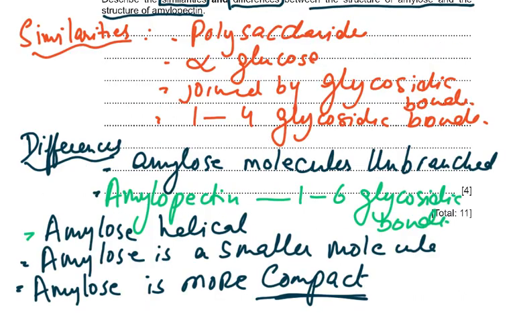Now you can see how I have grouped them. Similarities are that they are both polysaccharides, alpha glucose joined by glycosidic bonds, 1,4 glycosidic bonds present in both. Differences: amylose molecules are unbranched, amylopectin has 1,6 branches, amylose is helical, amylose is a smaller molecule, and amylose is more compact. What does the word compact mean?